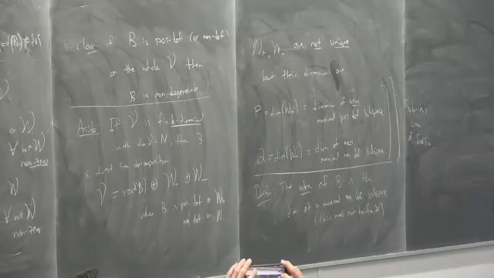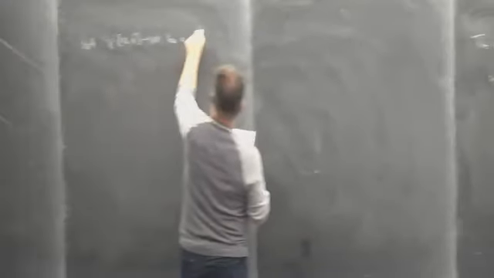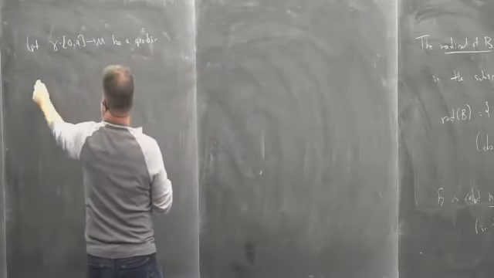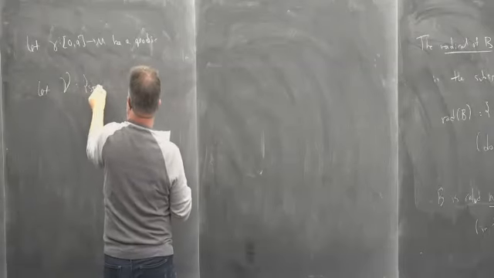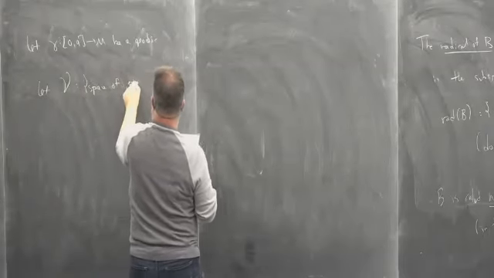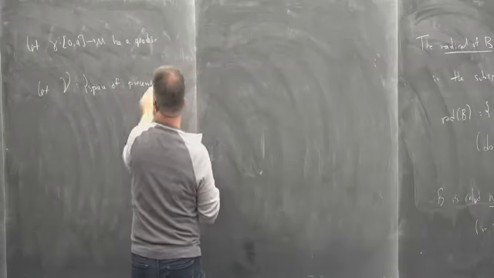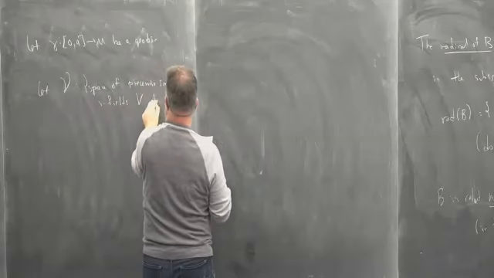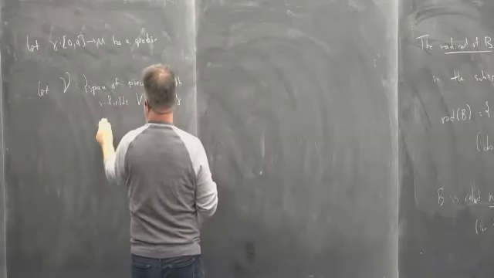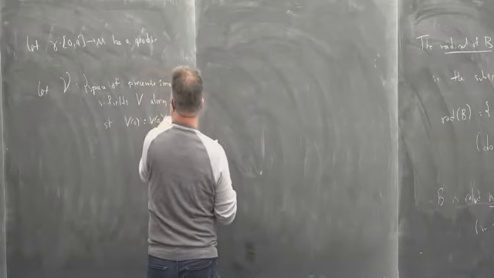So here's our setup. Let gamma be a geodesic, and let script V be the space of piecewise smooth vector fields V along gamma such that V(0) equals V(A) equals 0.